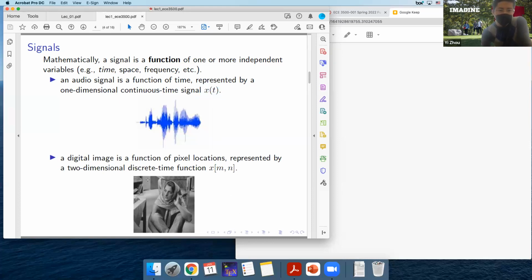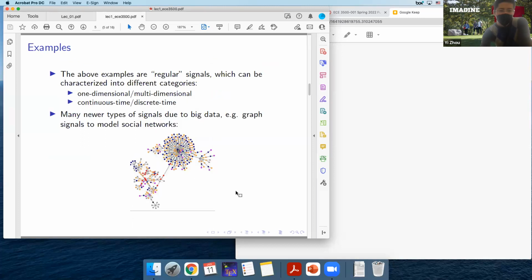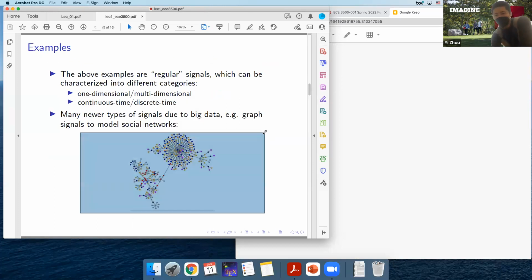For an image, it is a rectangle, so we have x, y, two axes, and we can use two variables to index them. Now my question is, how do we mathematically express the connections between all these nodes in a graph?